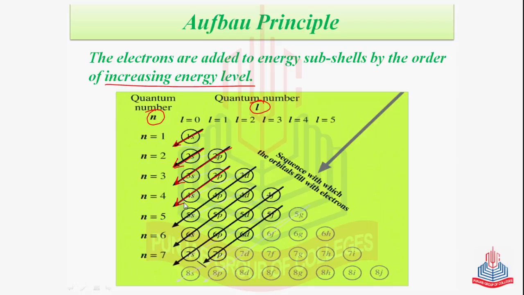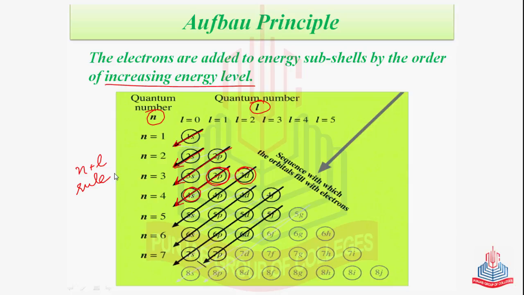Now here the important point is कि 3p के बाद इलेक्ट्रॉन 3d में जाने की बजाय 4s में गया. That is according to the n plus L rule, which later on will be discussed in the electronic configuration topic.